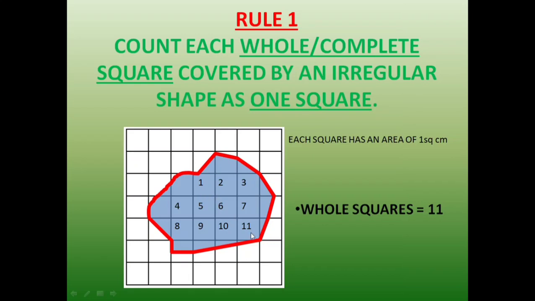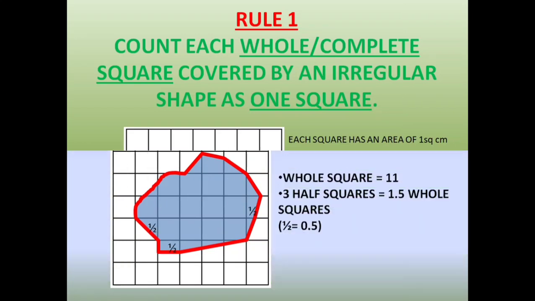These numbers actually represent the whole squares covered by this irregular shape, everybody. And as we know, the area of one whole square is equal to 1 square centimeter. So the area covered by whole squares will be equal to 11 square centimeter. So this rule was for complete or whole squares only.